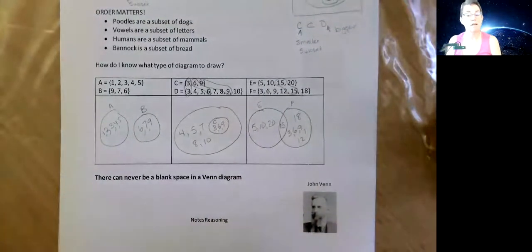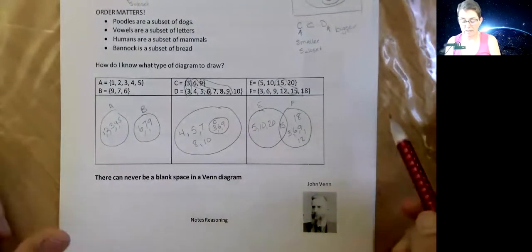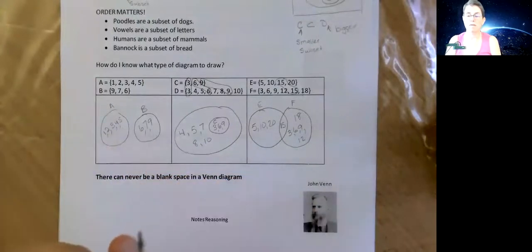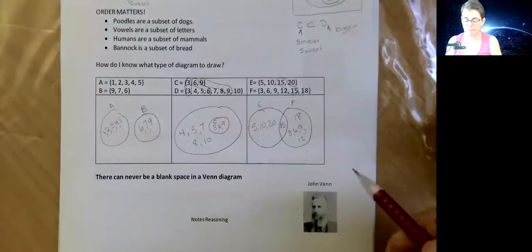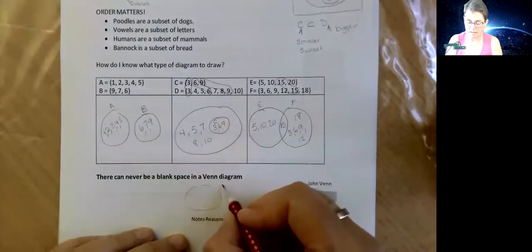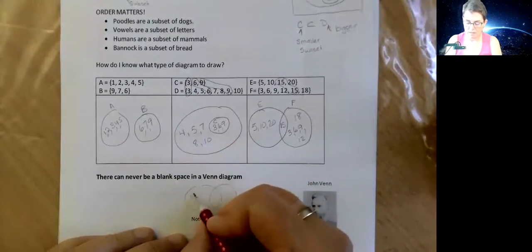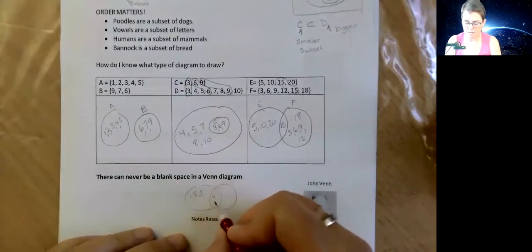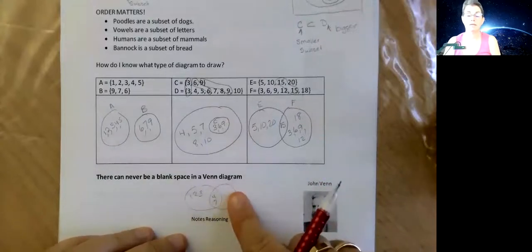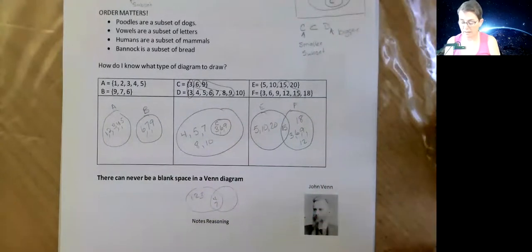So never, ever can you have a blank space. So you can't draw this one as an overlap. You can't do this and have numbers on one side and nothing over here. You can't leave stuff blank.